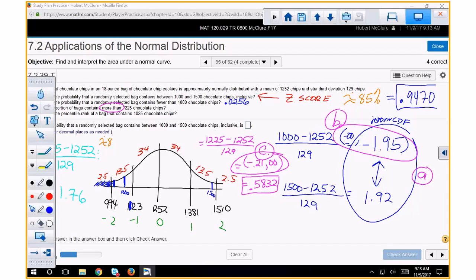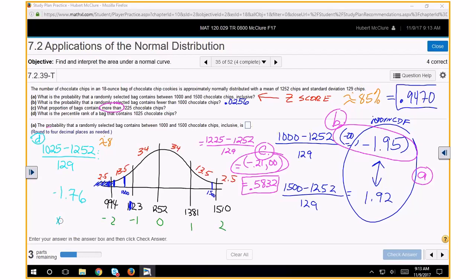So X is equal to 129 times negative 1.76 plus what? 1252. So 129 times negative 1.76 plus 1252. What do you get? 1,024.96. Okay, I got something wrong here.